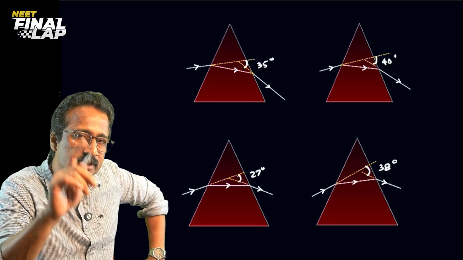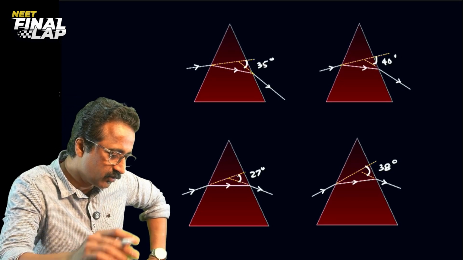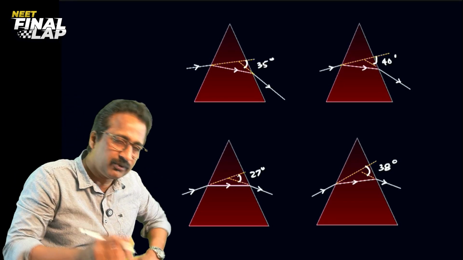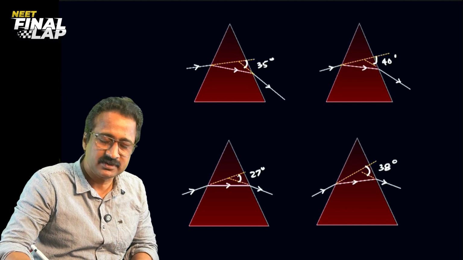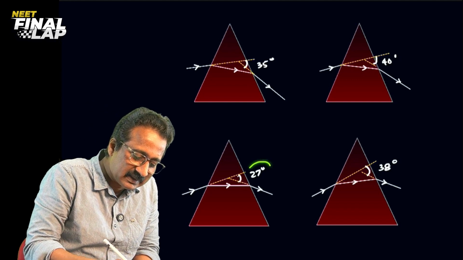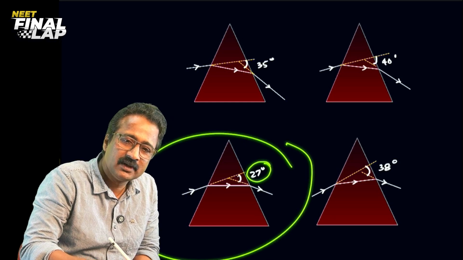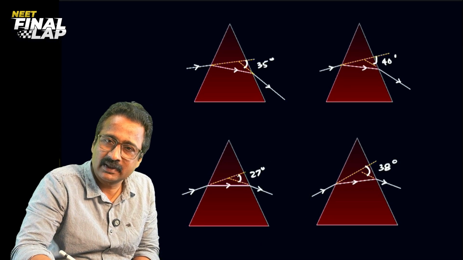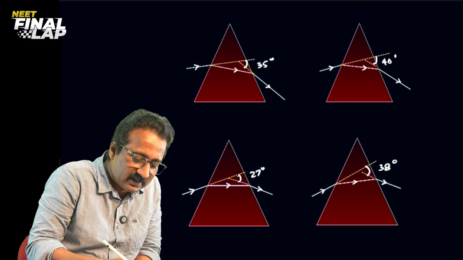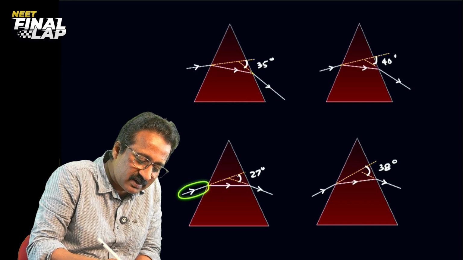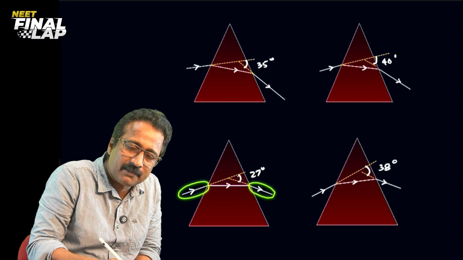But you must notice one thing. This prism can give various deviations, but if you take a list of all the deviations, you will find that the deviation will be the least when this happens. Looking at this figure, you can see a peculiarity. In this figure there is a symmetry. Look at the incident ray and look at the emergent ray.